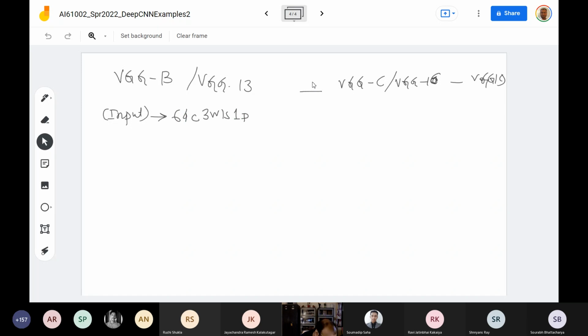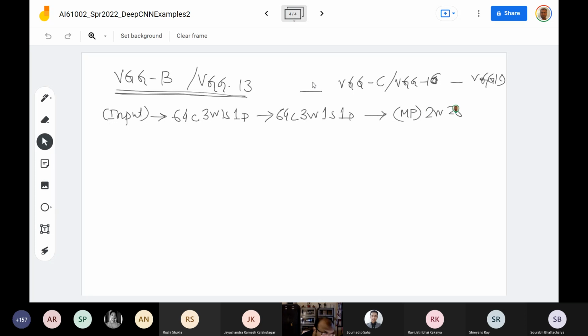But in case of VGG 13, once you have this one, you again follow that by another 64C3W1S1P, and then you go to a max pooling with 2W2S.